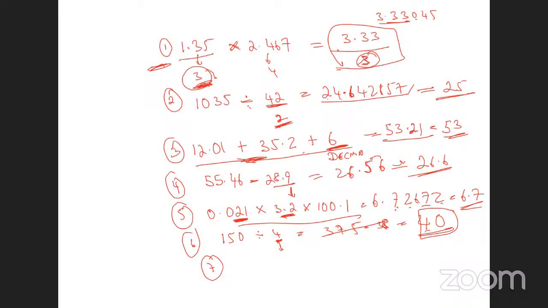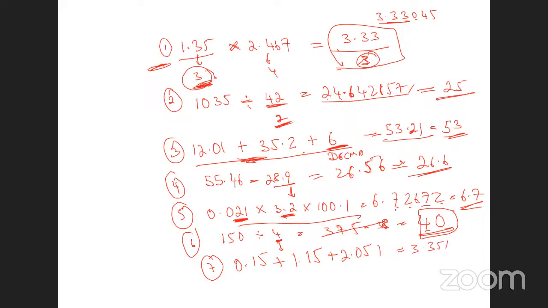So let's do another one. 0.15 plus 1.15 plus 2.051. I get 3.351.